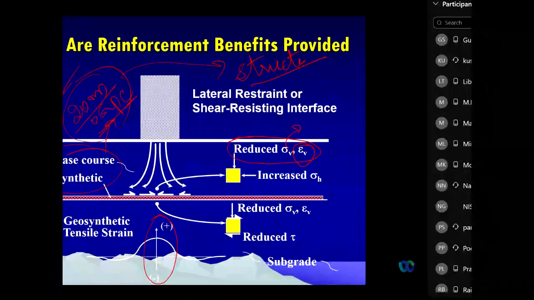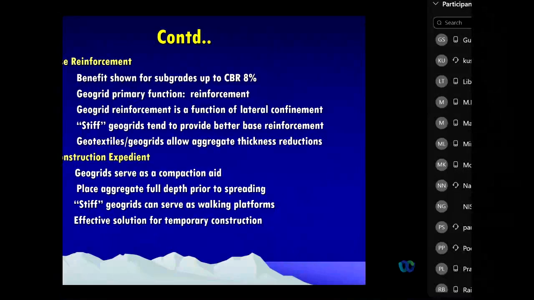When reinforcement is provided, the base reinforcement benefit shows for a subgrade up to 8% CBR. Geogrid is primarily the reinforcement. Geogrid separation can also be used, but that again depends upon your aperture opening size and those things, but mostly it is the reinforcement part.